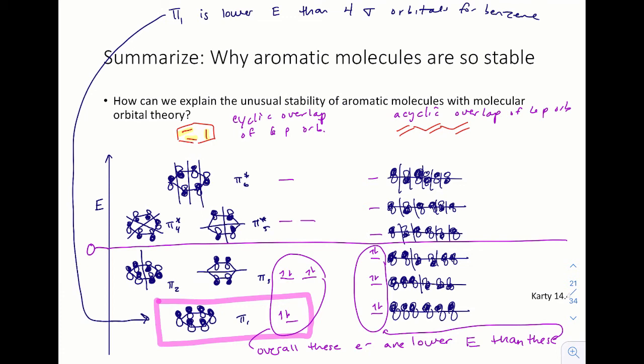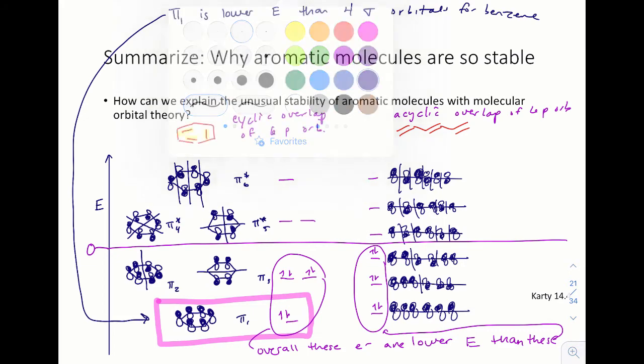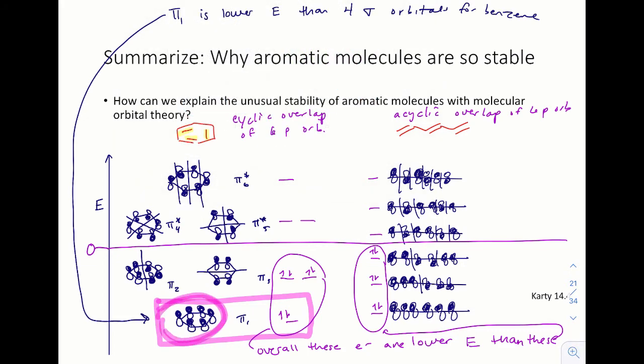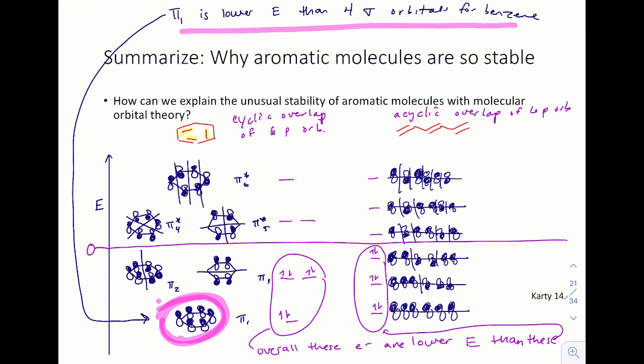That's remarkable. We've been taught the pi orbitals are higher energy than sigma orbitals, but not this pi orbital. This pi orbital, where all 6 p orbitals of benzene combine in phase in this cyclic fashion, is actually lower energy than 4 of the sigma orbitals for benzene.